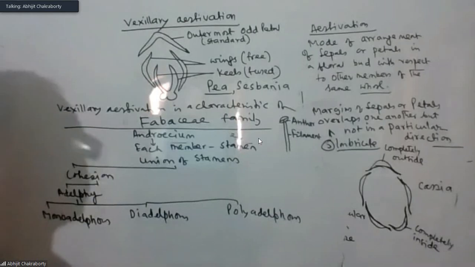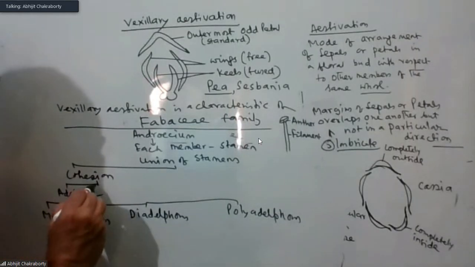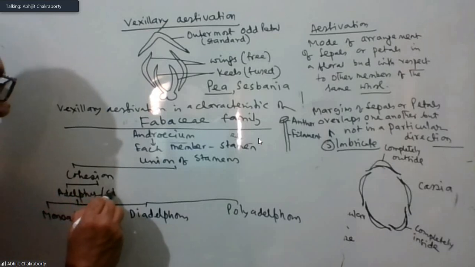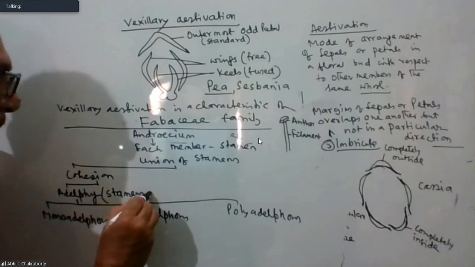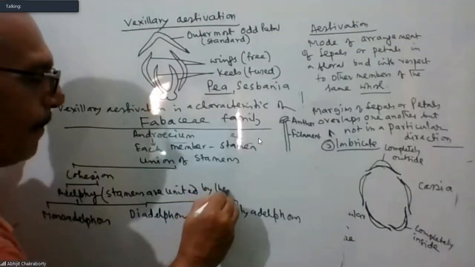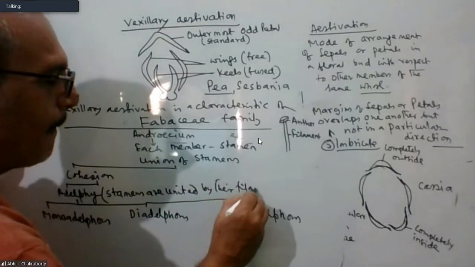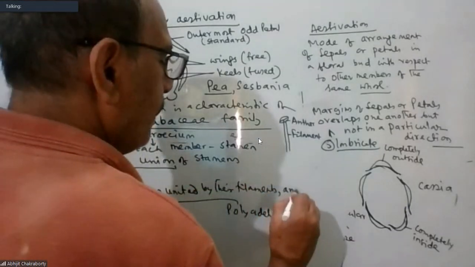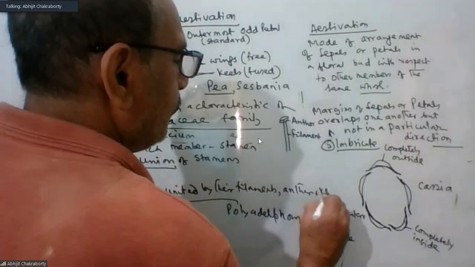Adelphi means when stamens are united by their filaments and the anthers remain free.